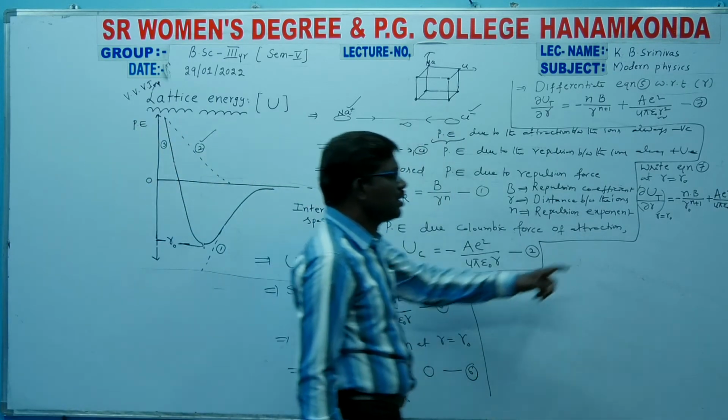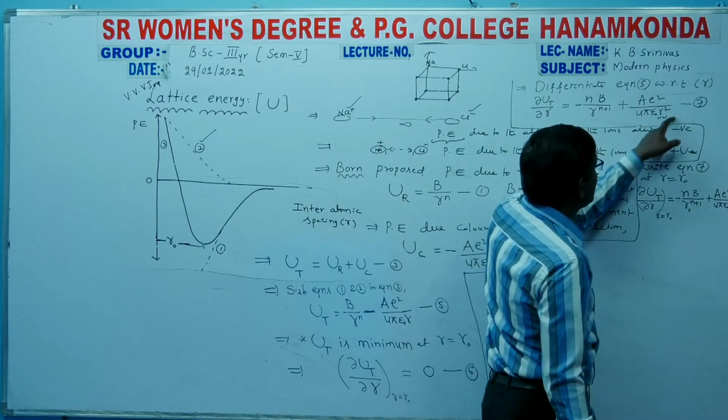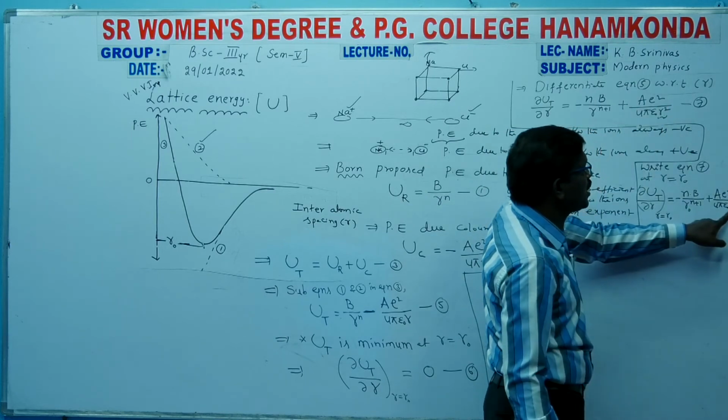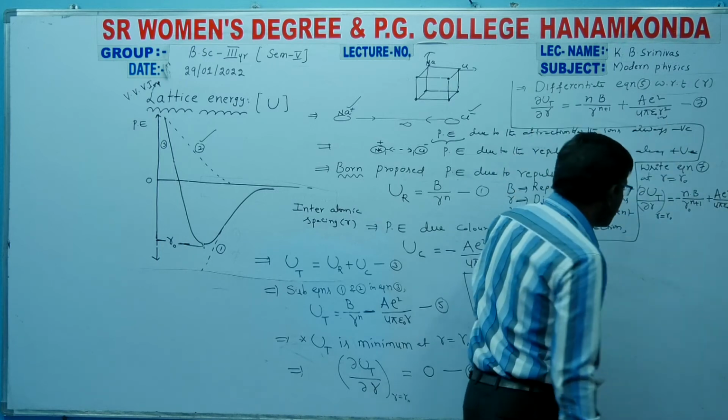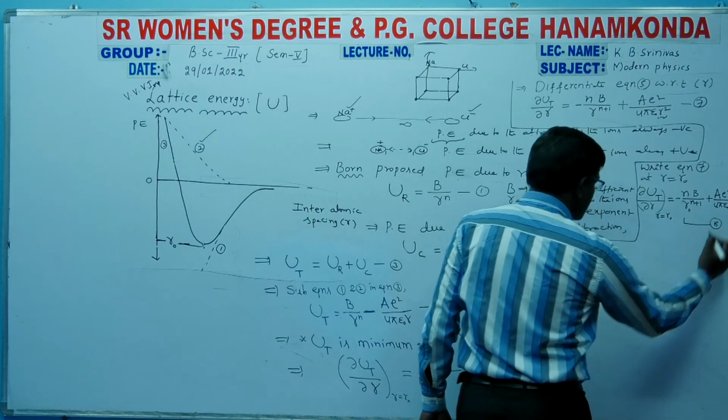This is the first term, this is the second term. Instead of r, I have written r naught square. Let this be equation number 8.